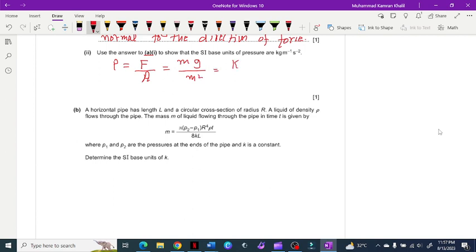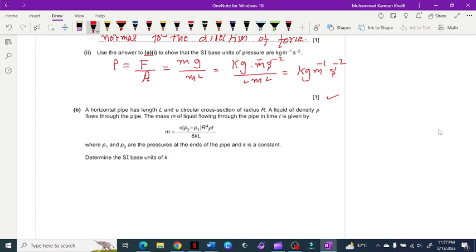Now the unit for the mass is kg, unit for the g is m s minus 2 and meter square. So now we will solve these two terms and then we will get kg m minus 1 s minus 2. So we will get 1 mark.